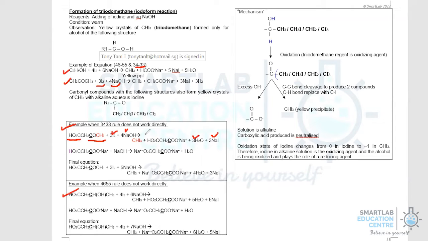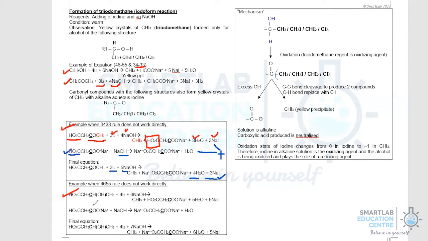However, the carboxylic acid present in the product here will still be able to neutralize with sodium hydroxide. So because of this, we will have an ensuing reaction where COOH is neutralized by NaOH. If we add these two reactions together, we end up with this final equation, and clearly the rule 3433 no longer applies.